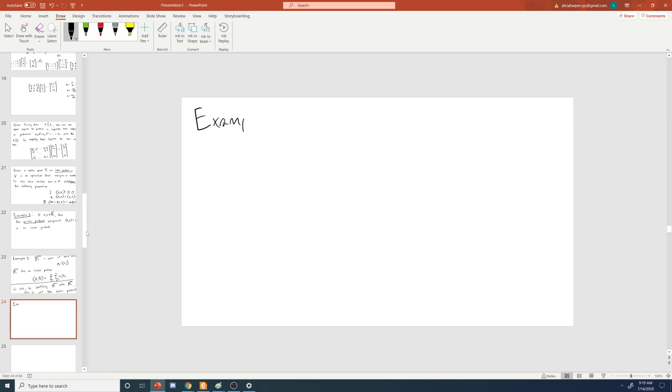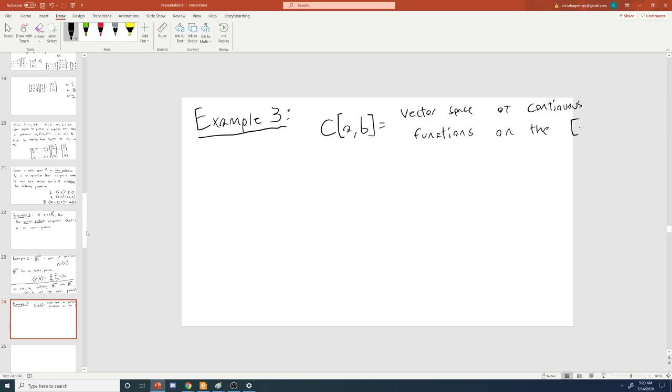This is going to be example 3. I want to recall that C[a,b] is the vector space of continuous functions on the closed interval a to b.